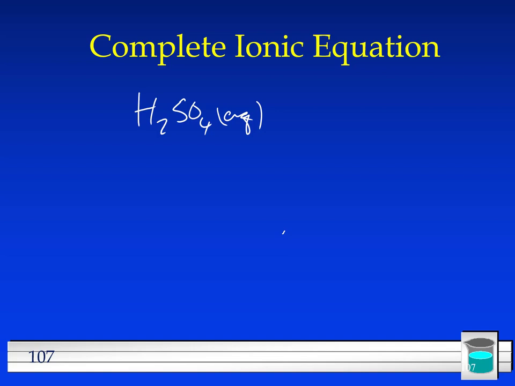But when I put the sulfuric acid solution on with a conductivity light bulb, the light bulb came on. And that tells me that there's no H2SO4, because H2SO4 is neutral. It doesn't have a charge. But in order to conduct electricity, you have to have charges moving. So there really is no H2SO4.